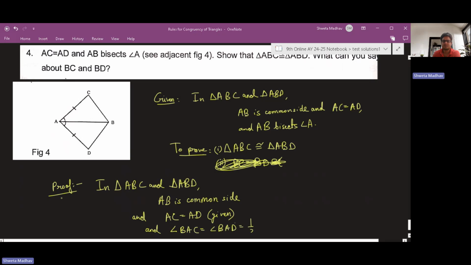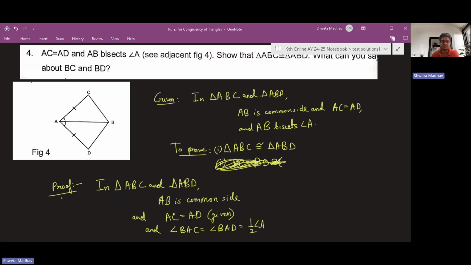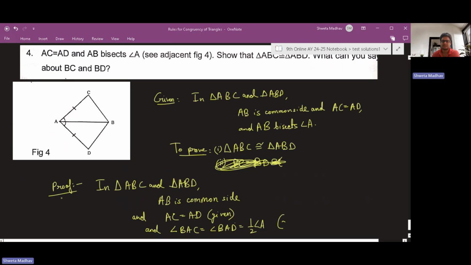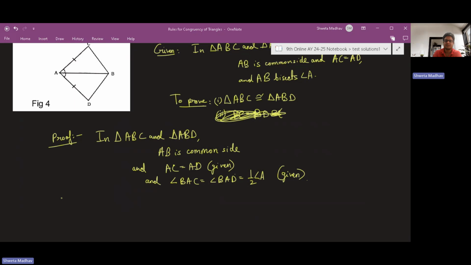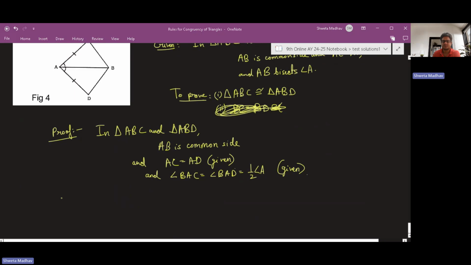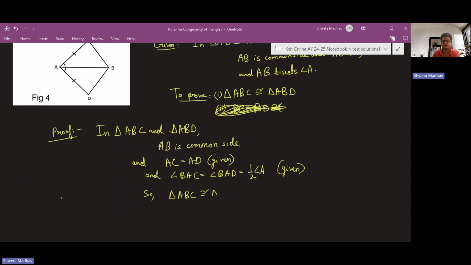Why? Both will be equal to half of angle A, since AB is the bisector of angle A. So we can say that triangle ABC is congruent to triangle ABD.